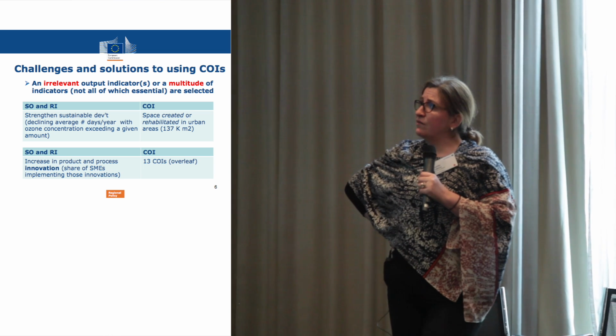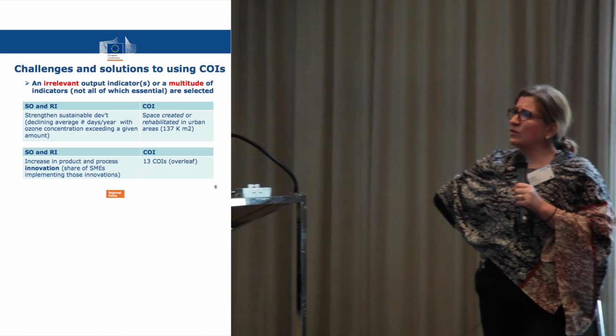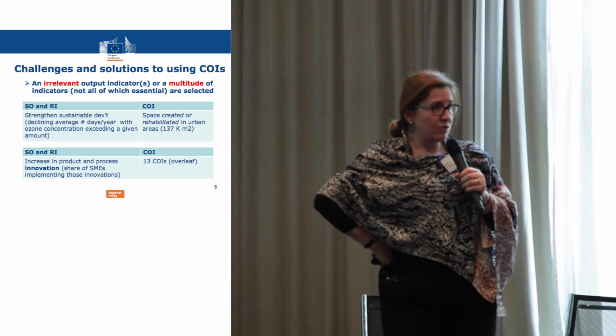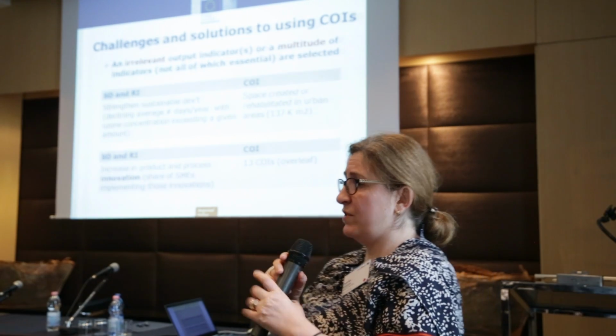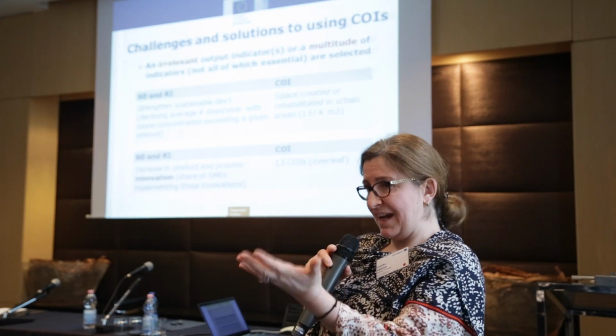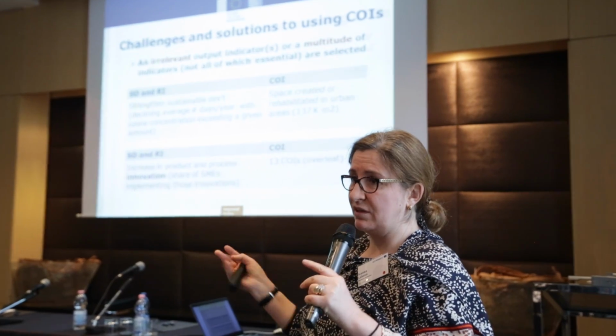So either irrelevant indicators selected or a huge multitude, not to say overkill, of indicators selected, which again is only going to put huge pressure on you to collect the data without, at the end of the day, when you have the data, being able to say, thanks to this, I've achieved this, because there's no causal link between the two.